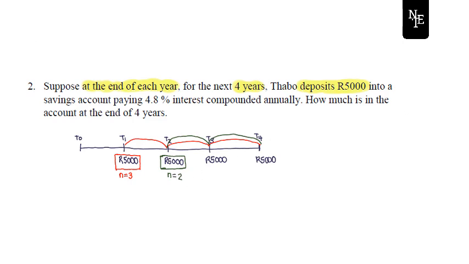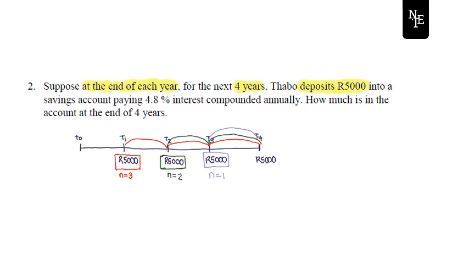And then lastly, if we look at this 5,000 Rand, it only sits in this account for 1 compounding period. So its N is equal to 1. So this last 5,000 Rand, in fact, does not earn any interest whatsoever.